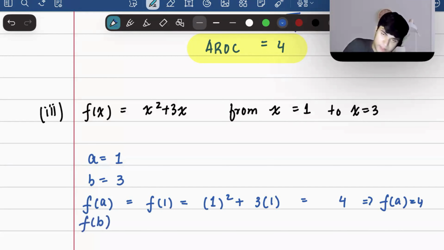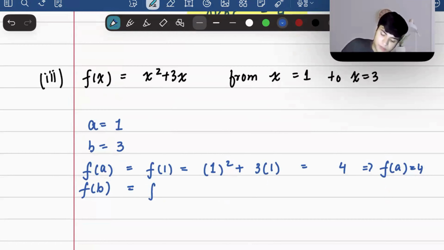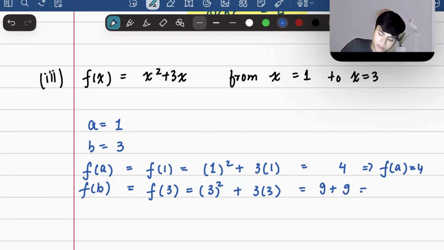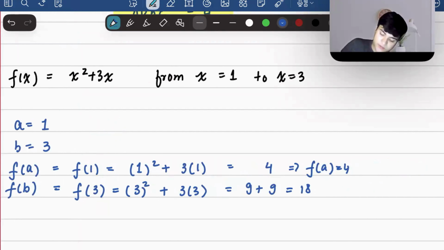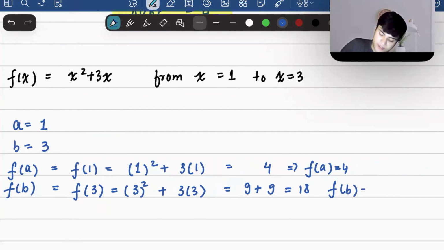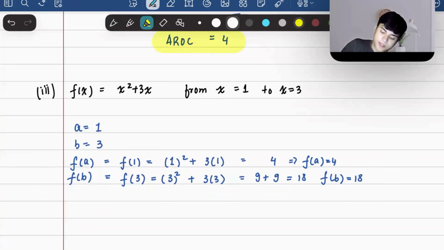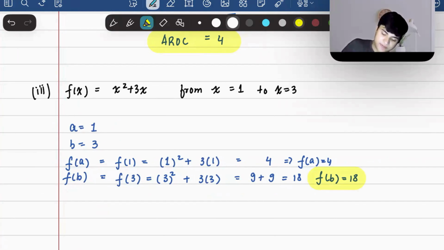Similarly, f of b equals f of 3, which equals 3 squared plus 3 times 3, which equals 9 plus 9, which equals 18. So we now know that f of b equals 18. Now what we're going to do is take f of b, subtract it with f of a.